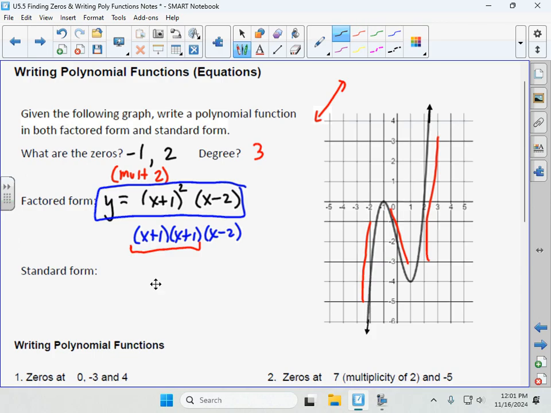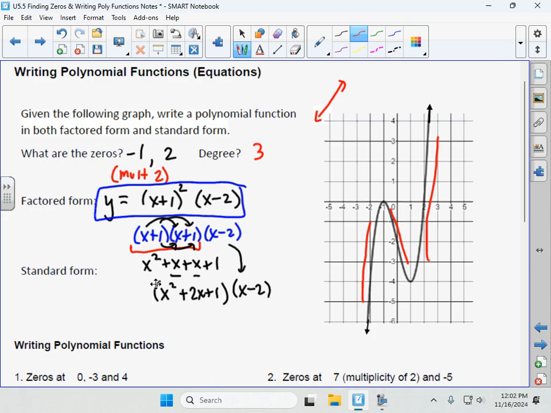So it's x squared plus x plus x plus 1. Combining like terms, x squared plus 2x plus 1. I'm going to take that and multiply it by x minus 2. Again, we'll multiply this out and combine like terms.